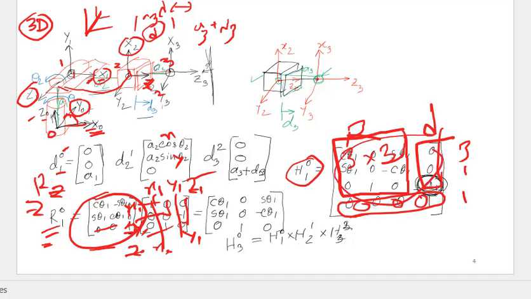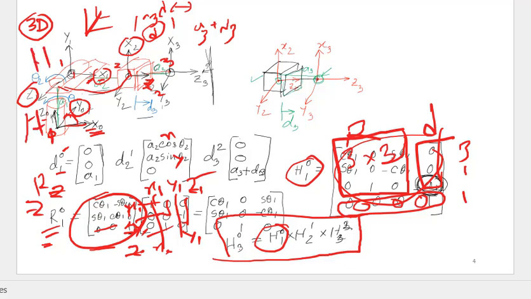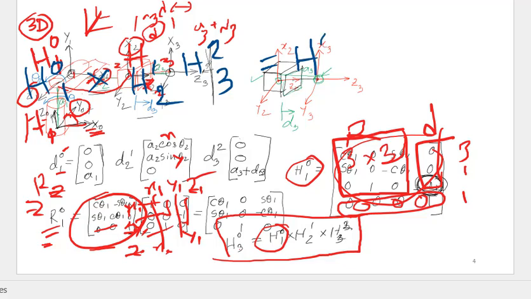And after that, for the final end effector, we get 0 3 with respect to 0 by multiplying all of these. This one will be 0 with respect to 1, this one is 1 2, and that one will be 2 3, and all are multiplied, and we will get the 0 to 3 one.